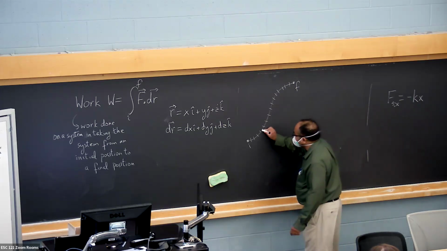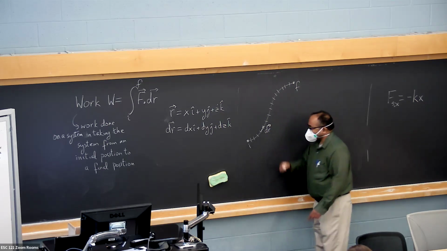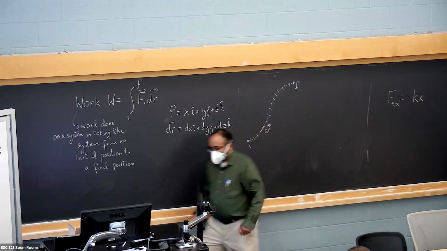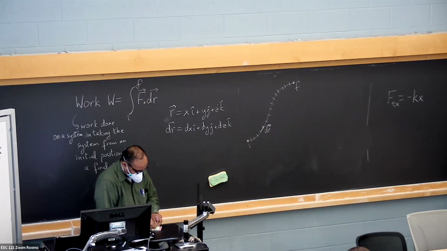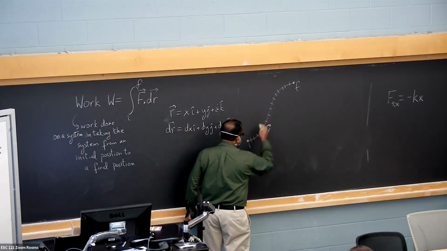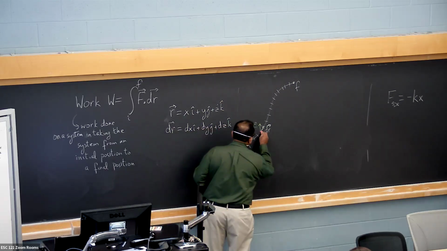Okay, and so each little piece here would define a small displacement vector dr. And then you'd ask, when it's at this position, what is the force vector? Maybe when it's at this position, the force is in this direction. And so you would do the dot product between that force and that tiny displacement.